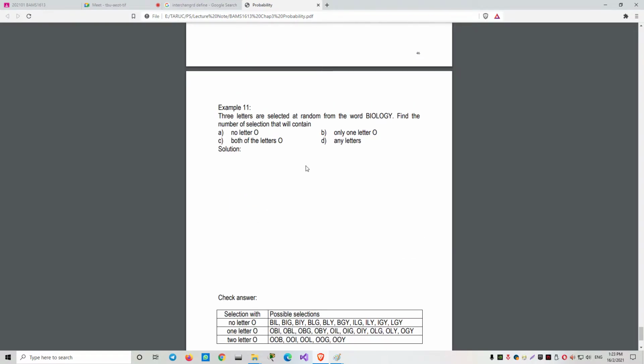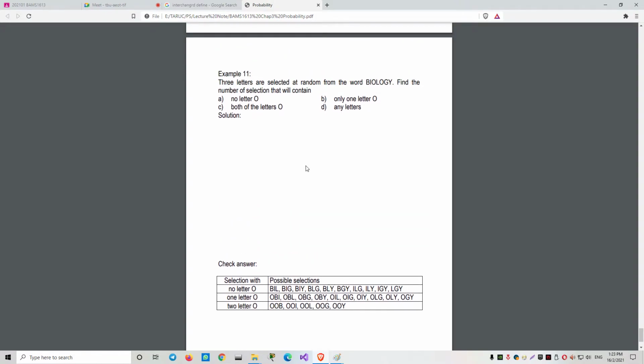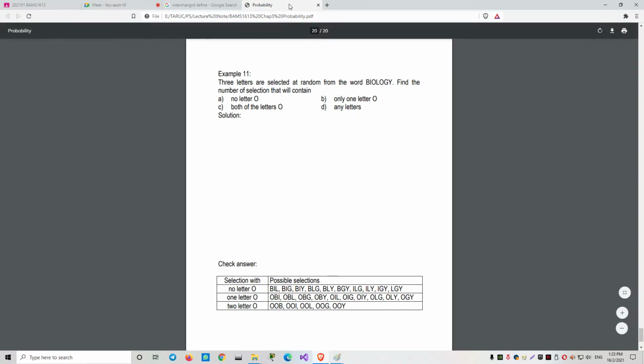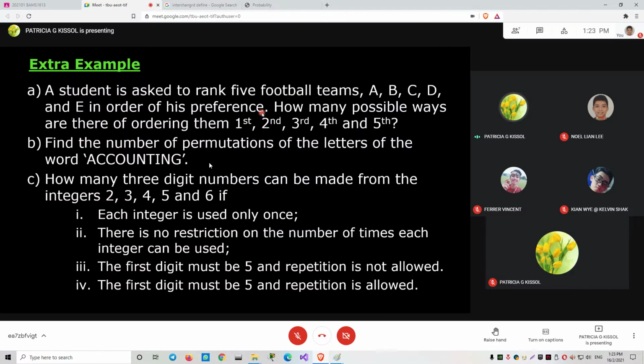It's a table, or the solution, sample space. Aha. So this question is available in your notes also.